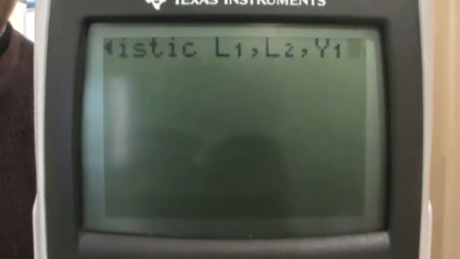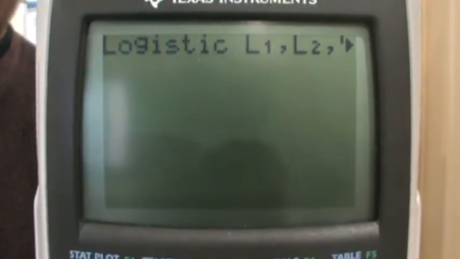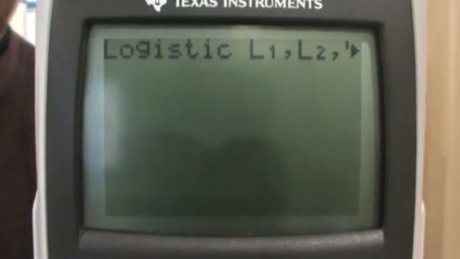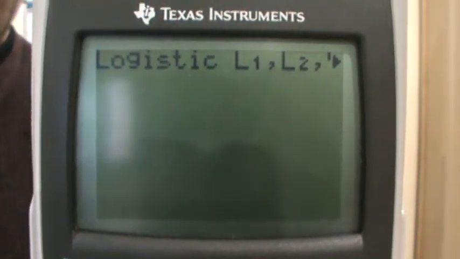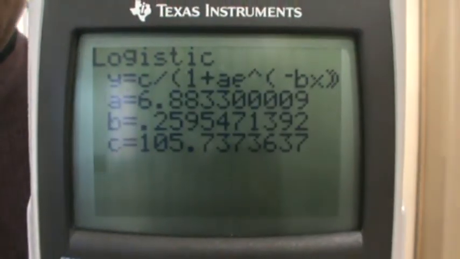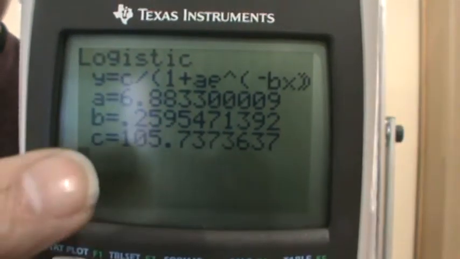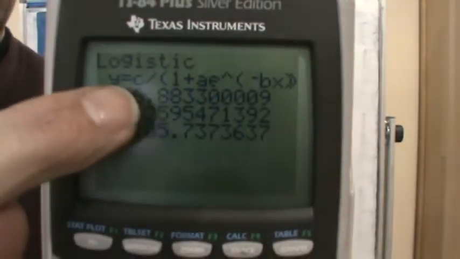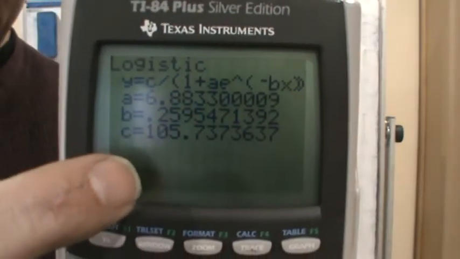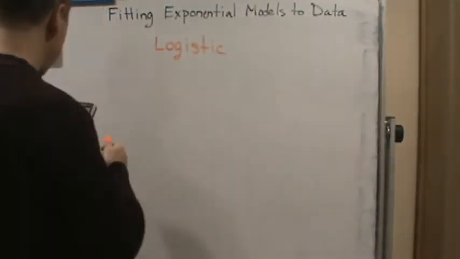Now I'm going to hit Enter and wait, and wait, and wait. There we go. Now it gives me my function. Look at that. It gives me the logistic function formula with my A, B, and C. Notice it gives me the carrying capacity.